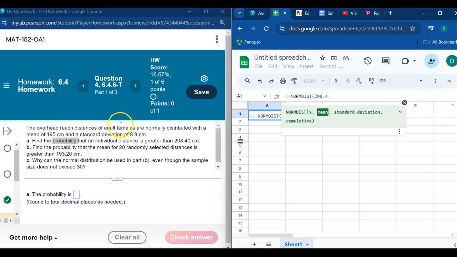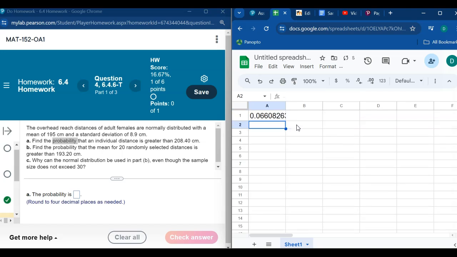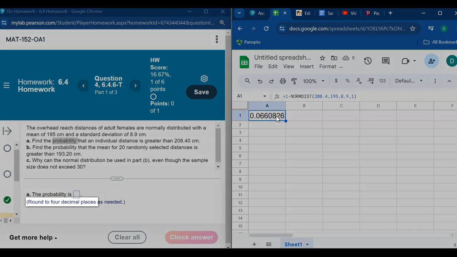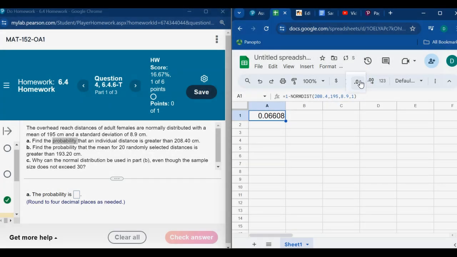The mean given right here is 195. The standard deviation is 8.9, and then cumulative. Remember, we use 1 for true when we're finding probabilities. So there's my answer. Again, they want this to 4 decimal places, so I can click this button to go down and show only 4 decimal places.